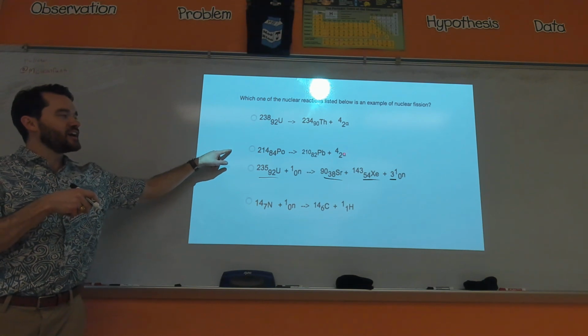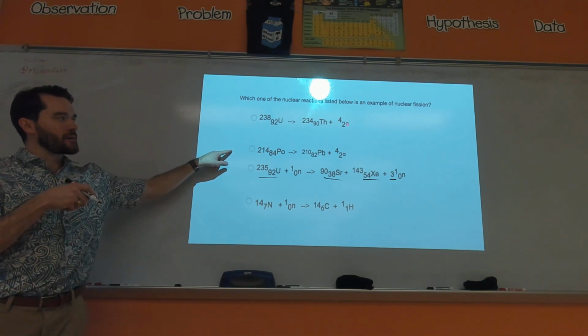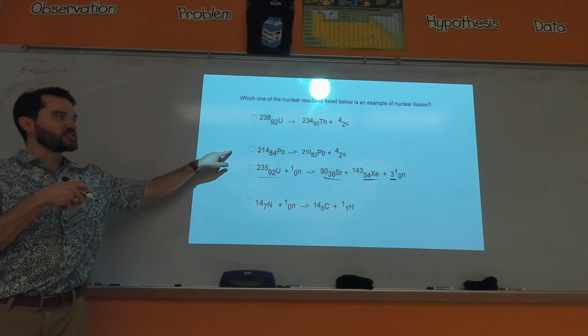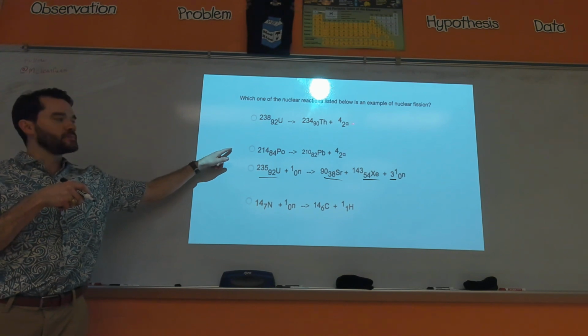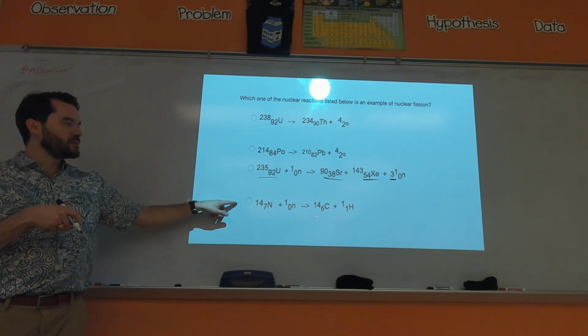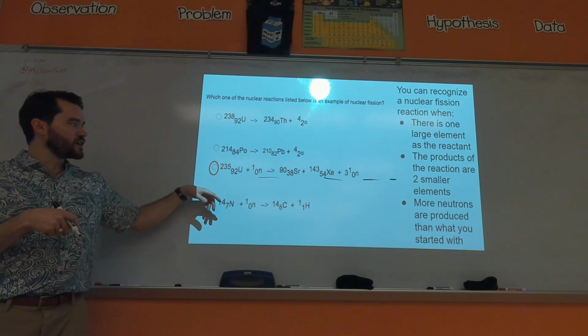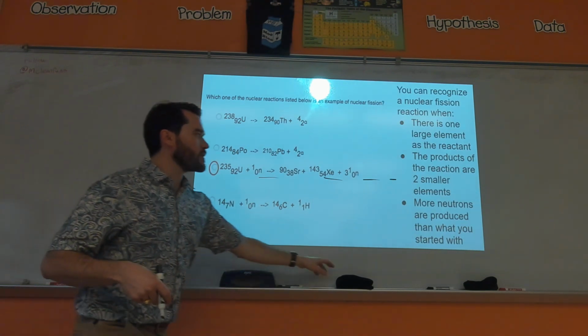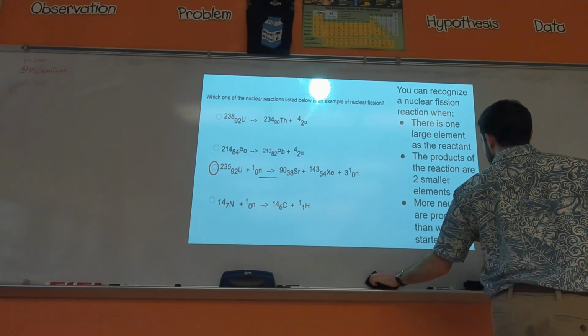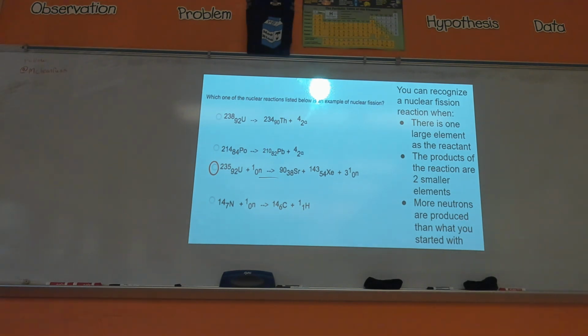This is actually the first time I've shown you one where they literally use the alpha symbol. So yeah, it would be C, because you get two smaller elements and because you have more neutrons produced than what you started with. Okay, so go ahead and make sure you mark C.